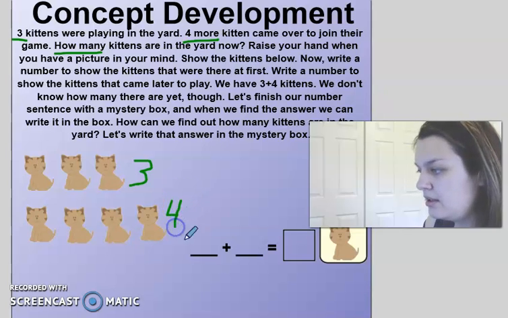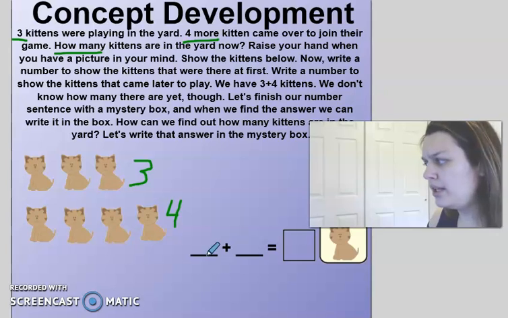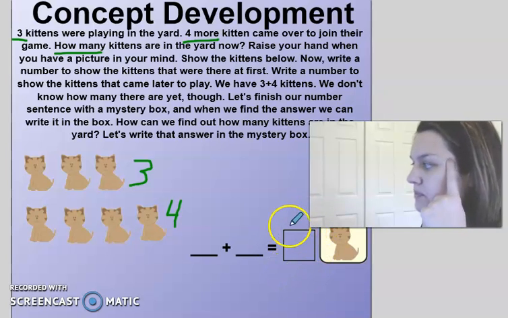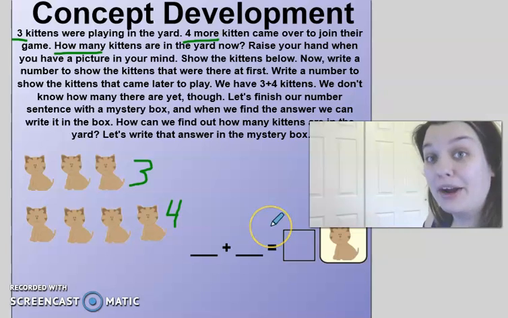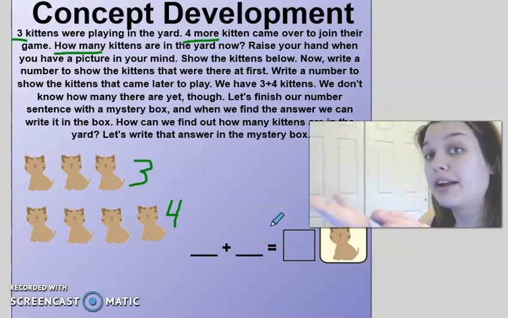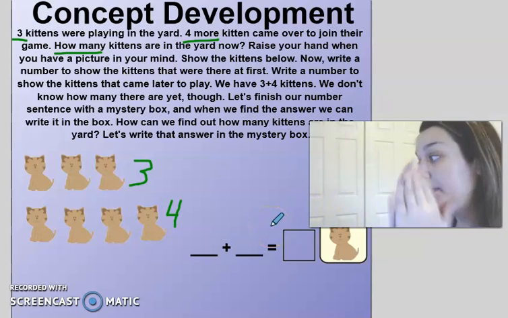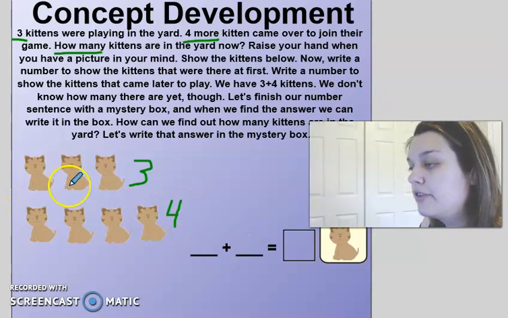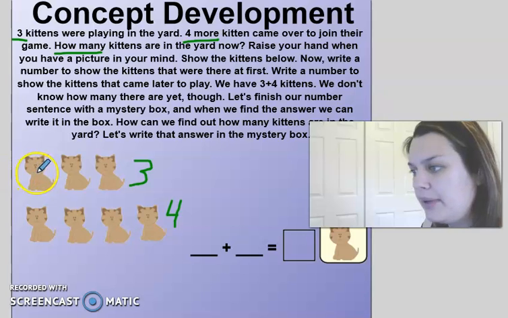Okay. Now, I'm used to writing whole equals part plus part, but this says blank plus blank equals blank. What is it? Part plus part equals whole. Very good. Okay, so what's our first part up here? Look at how easy this is.